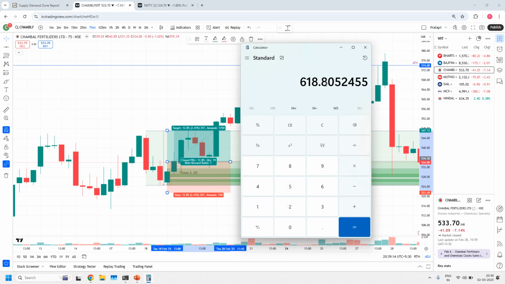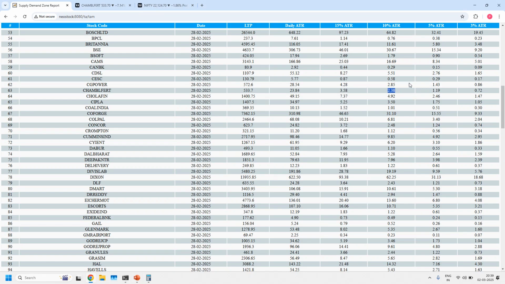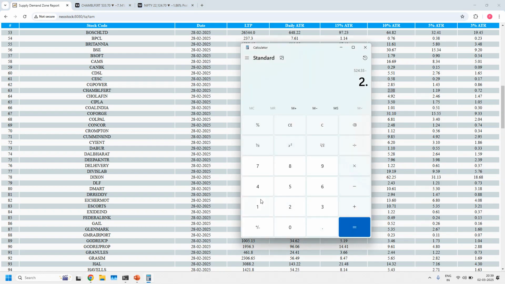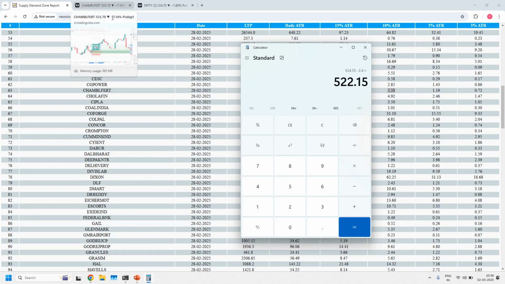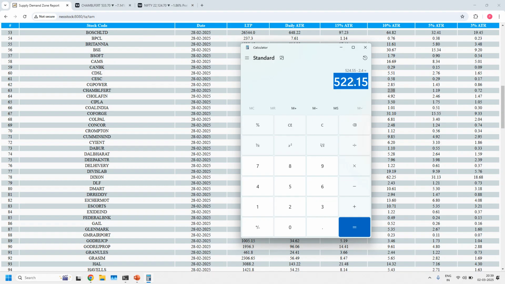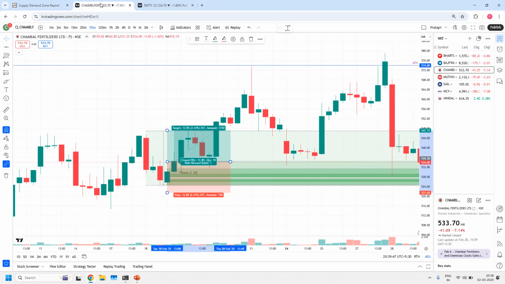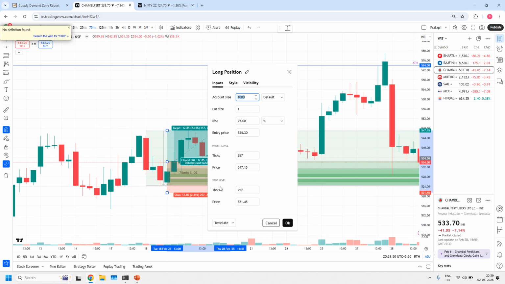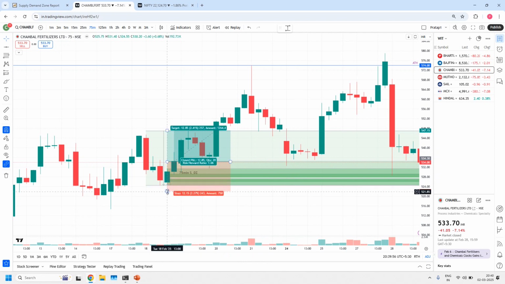Minus, what is the value? 2 rupees 40 paise. 2.40. So 522.15 could be the stop loss. 522.15. This is the value. So your stop value is 522.15. So this is the stop loss.